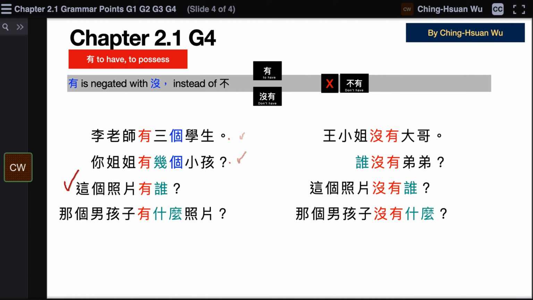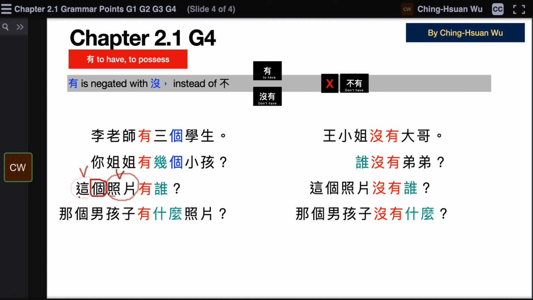Next, 这个照片有谁? This photo has who. That means who is in this photo. 这 means this. It is a demonstrative pronoun. 照片 means photo. It is a noun. Between these two, you need a measure word to connect them.